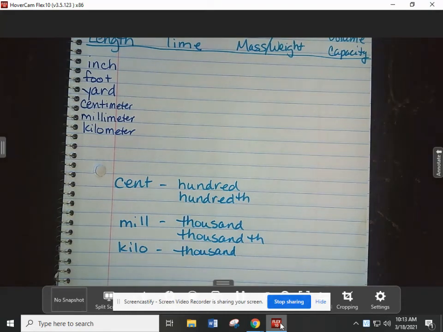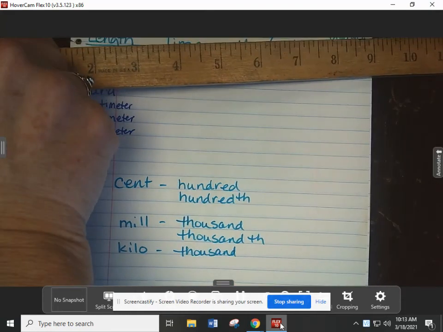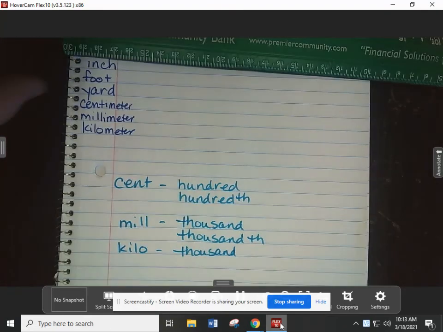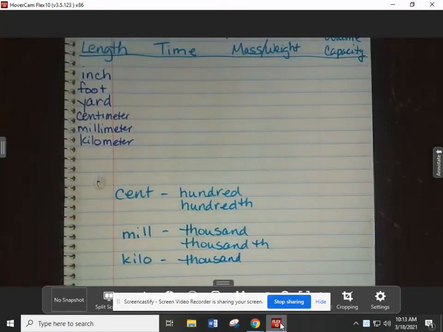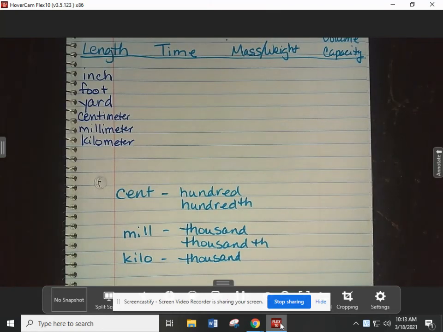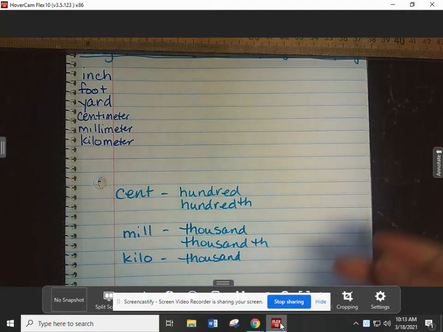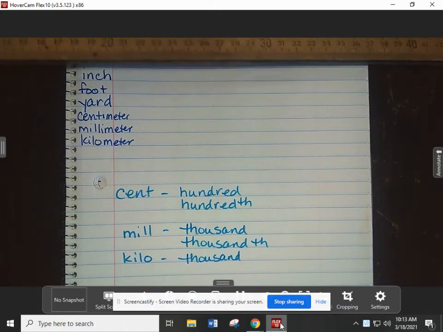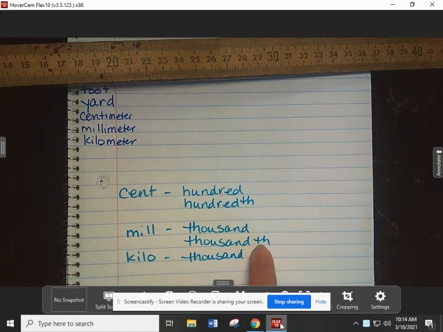In our standard measure, we have inches, feet, and then we have yards. It goes into other things as well, but those are what we're used to measuring with. The problem we have then is getting into our metric system. 100 centimeters make a meter. 1,000 millimeters make a meter.